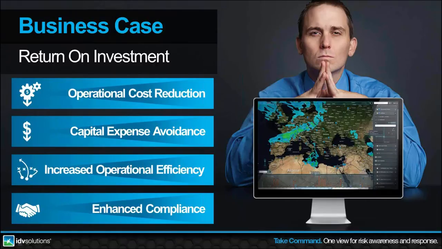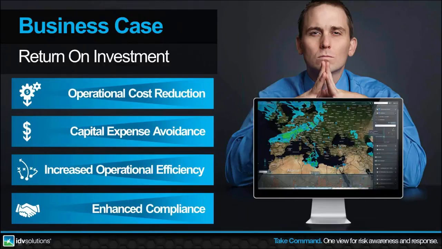Certainly, as you start to aggregate disparate process, disparate resources, as you start to push out the cost of certain types of capital that you might have been investing in over time, you can mitigate that cost, you can avoid it. As you're increasing the operational efficiencies, and enhancing things like compliance, putting your business in a proactive and forward position, you're driving bottom line, defendable business case ROI, which within many of our customer organizations was either the posture that was taken up front or was the end result of the deployment of our solution.